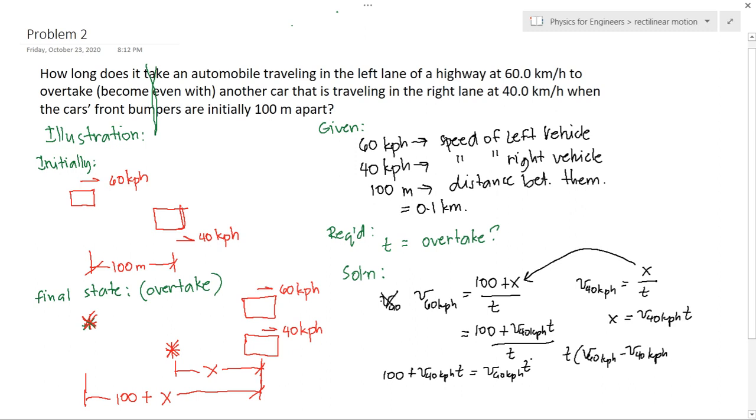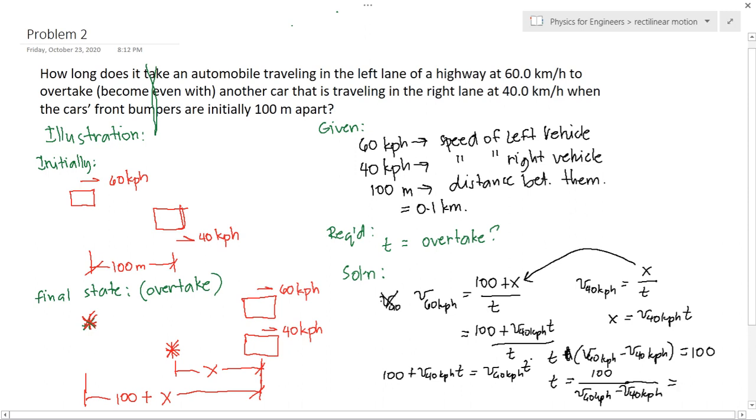Then t times this is equals to 100. Then divide the two terms by v60 kph minus v40 kph, so we have 100 divided by v60 kph minus v40 kph.